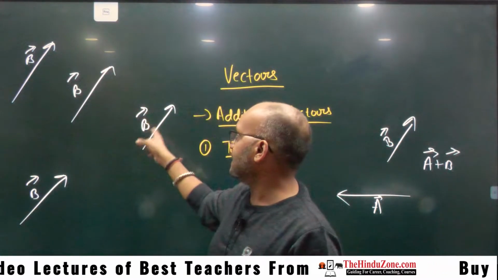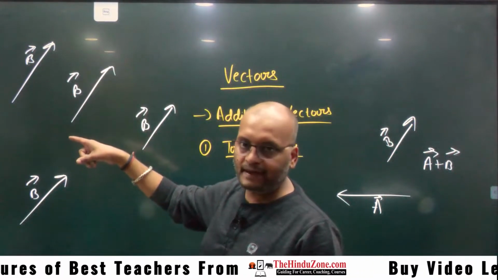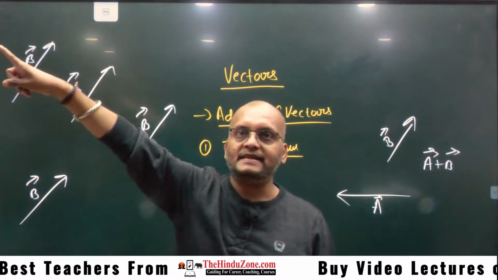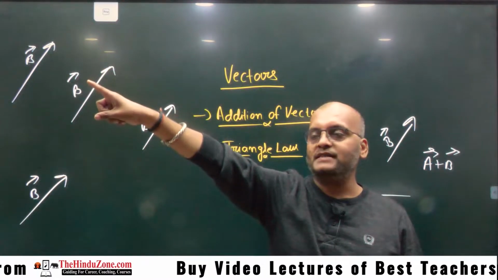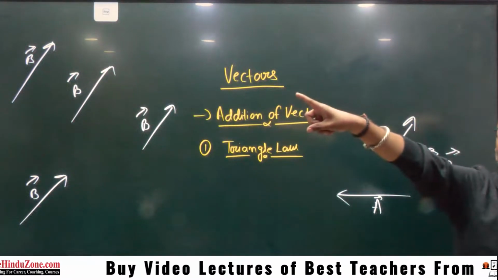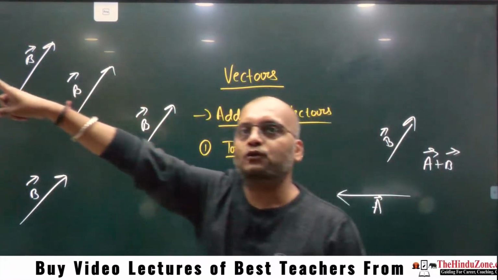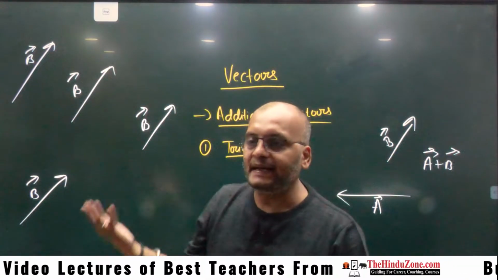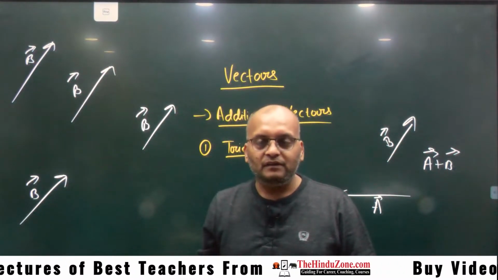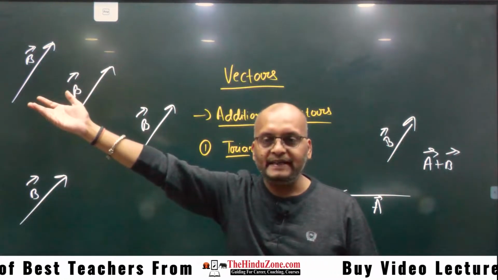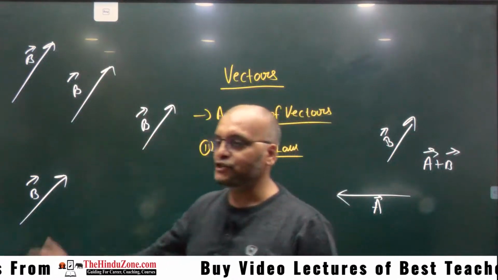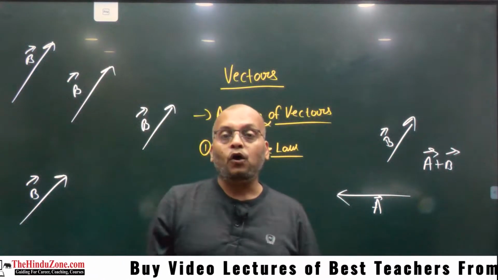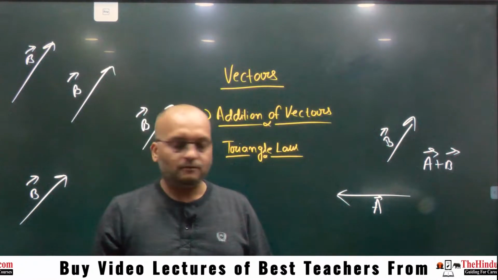See, I have kept the direction the same. If I point from this direction, or from this direction, or get closer, will it make any difference? No. The same direction I am pointing at, yes or no? So transportation of a vector does not alter or change the vector.